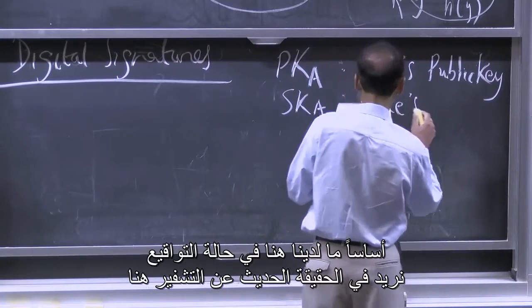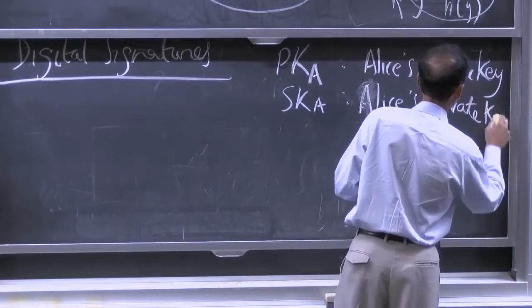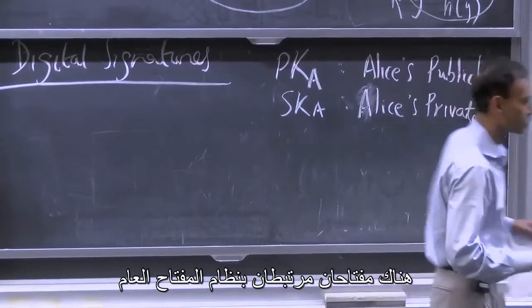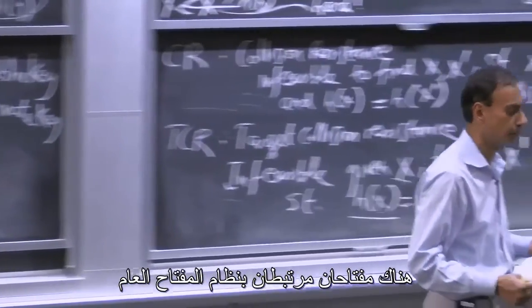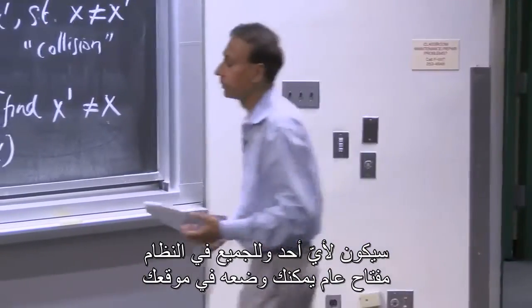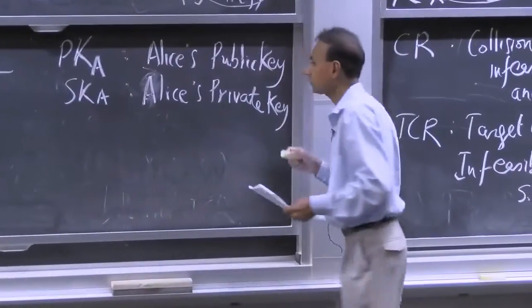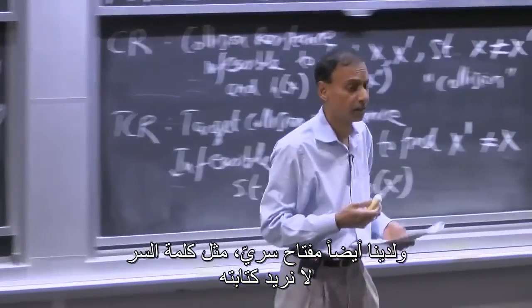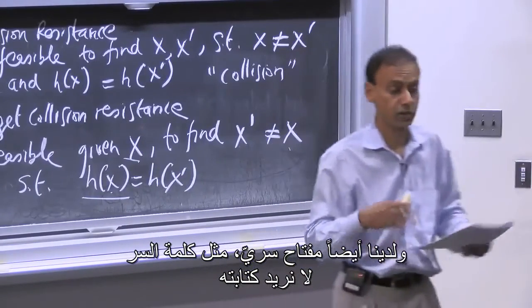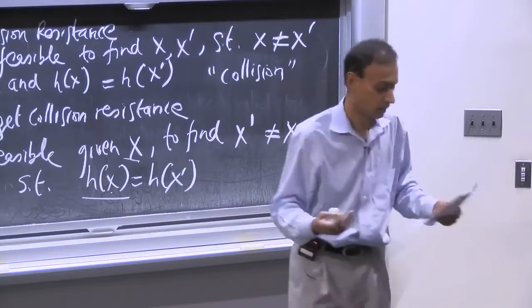Essentially, what we have here in the case of signatures, we actually want to talk about encryption here, there's two keys associated with the public key system. Anybody and everybody in the system would have a public key that you can put on your website, and you also have a secret key that's like your password that you don't want to write down, you don't want to give away, because that's effectively your identity.